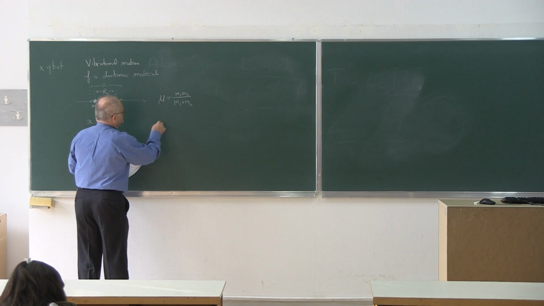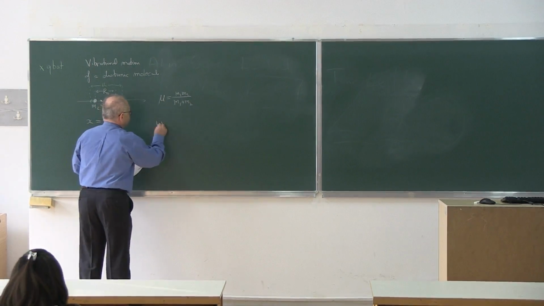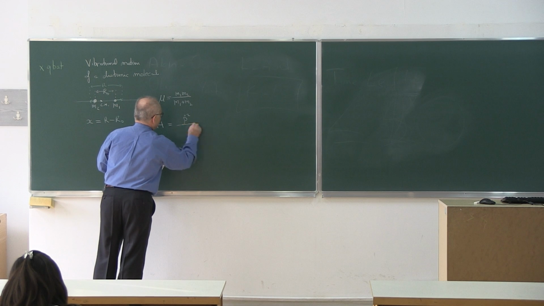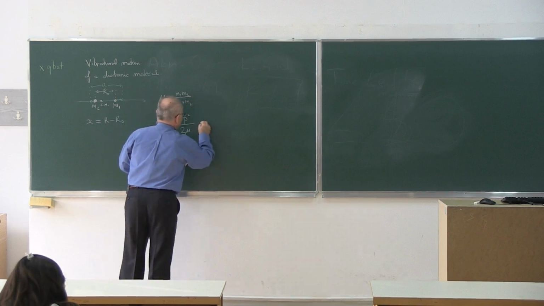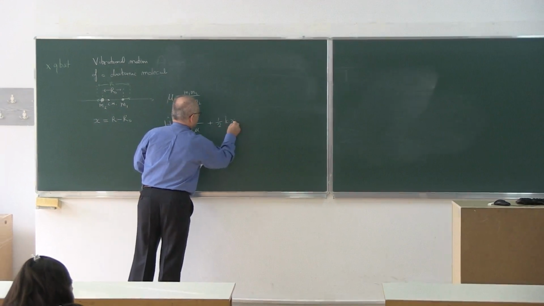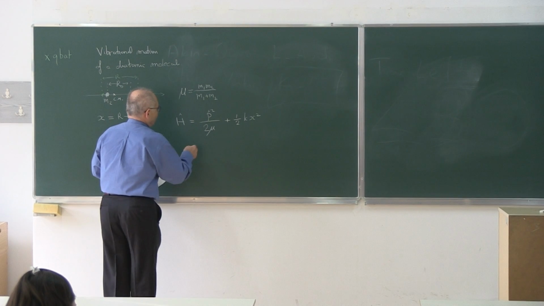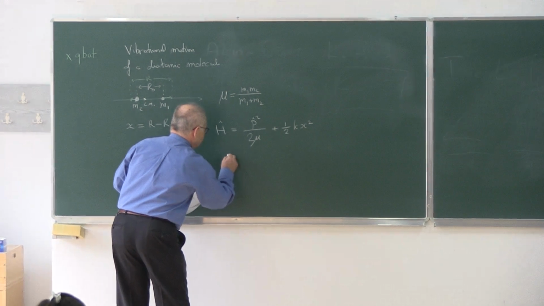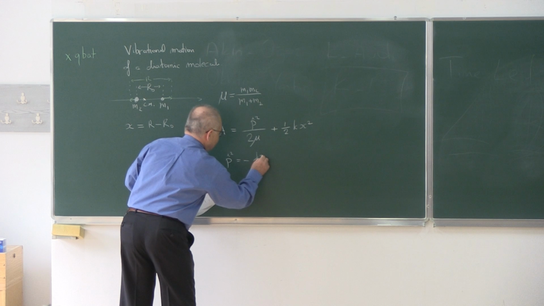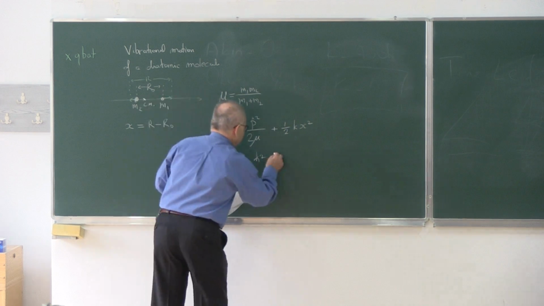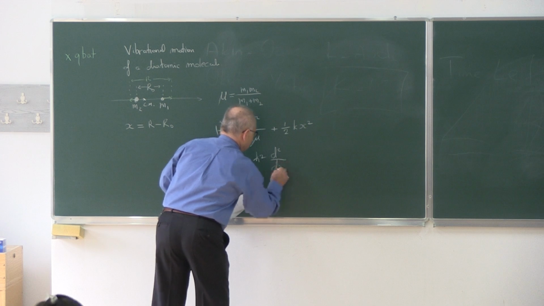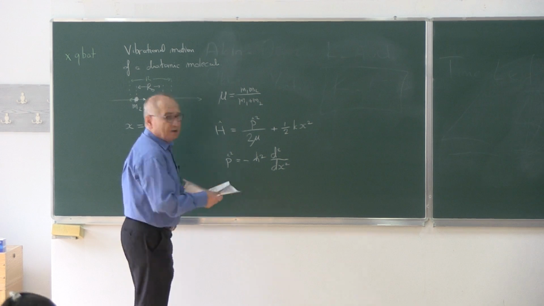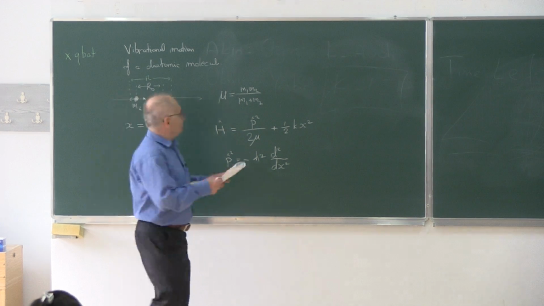And the vibrational Hamiltonian is P squared over 2 mu plus 1/2 k x squared, where P squared is minus h bar squared times the second derivative with respect to x. So we have one vibrational variable here.